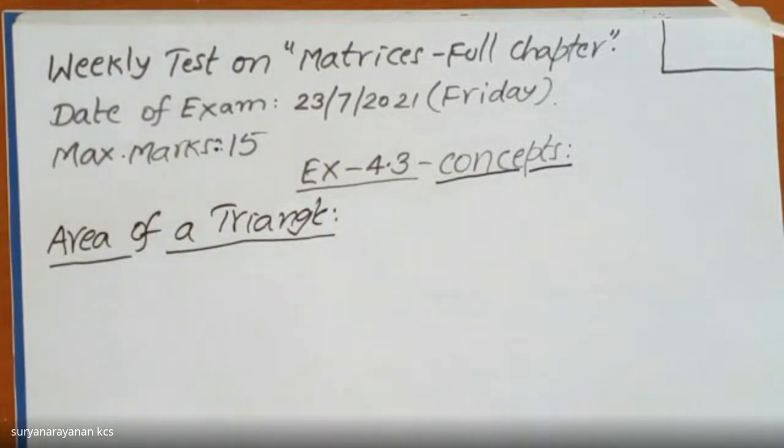In 10th class, you have studied area of a triangle. Do you remember the formula for the area of a triangle? In plane geometry, what is the area of a triangle?